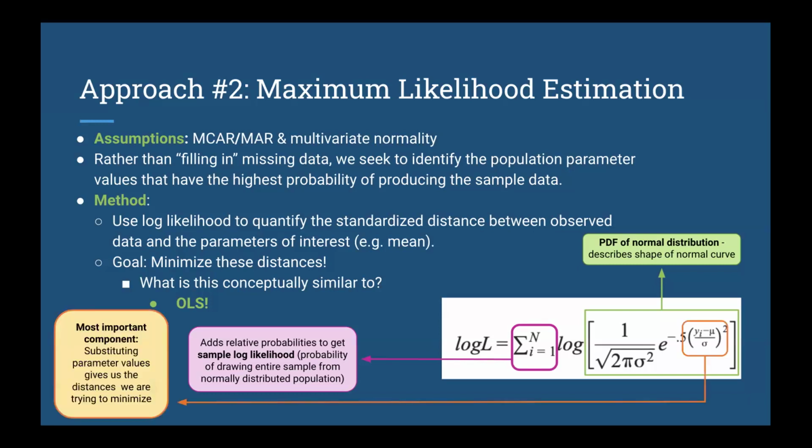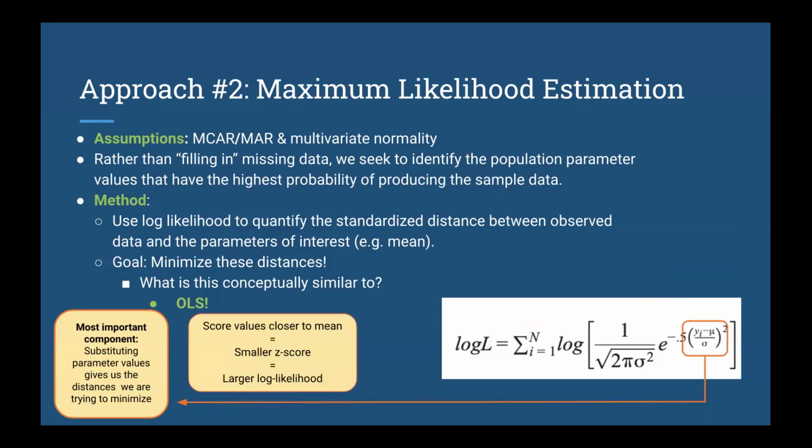And then the most important term is the z-scoring term here. Basically, you want to find the parameters that will give you your data set, essentially. And so what you're trying to do is substitute different parameter values in this term. And this will ultimately minimize the distance or maximize the log likelihood.